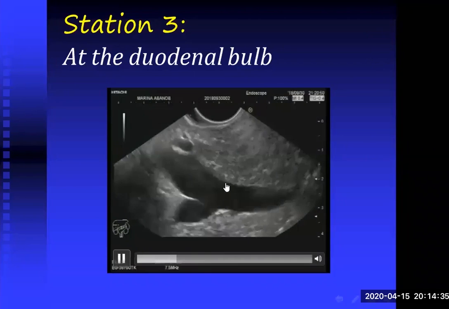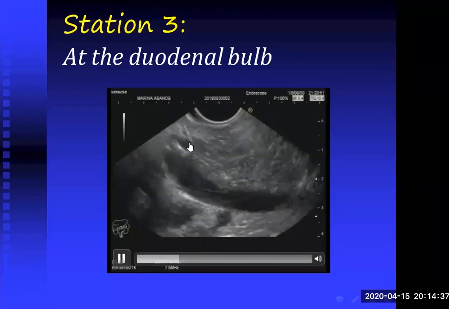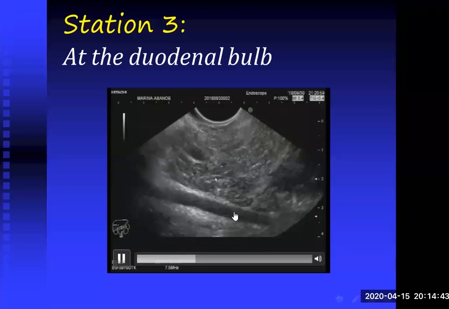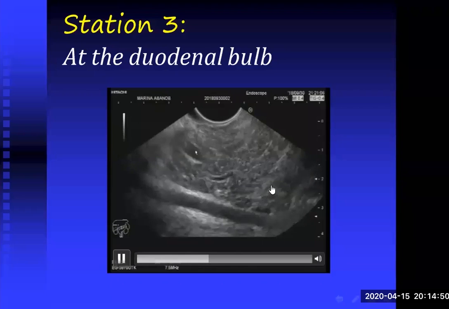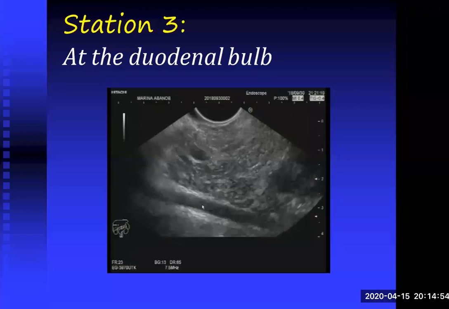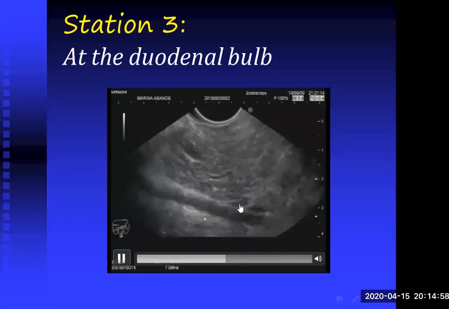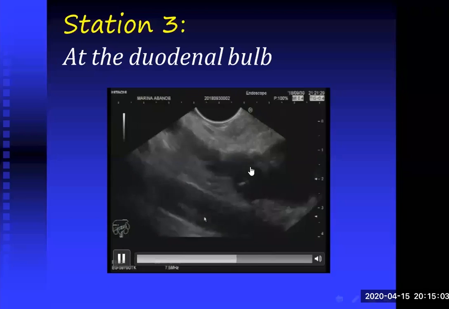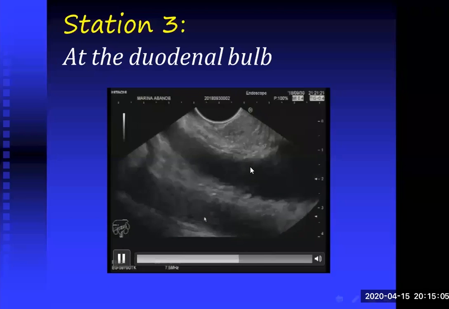When I do clockwise rotation, I can find the common bile duct, pancreatic duct, superior mesenteric artery. And more clockwise rotation, I can find the major vessels, aorta, and inferior vena cava. This is the venous confluence; clockwise, I can see the aorta and the inferior vena cava.